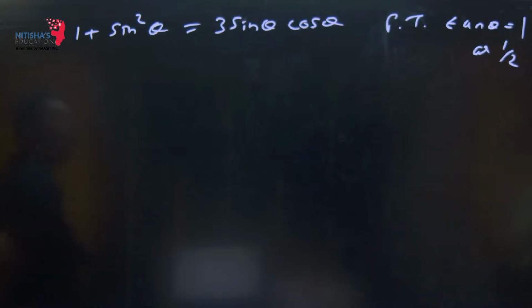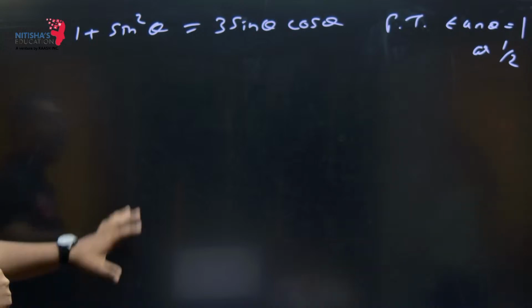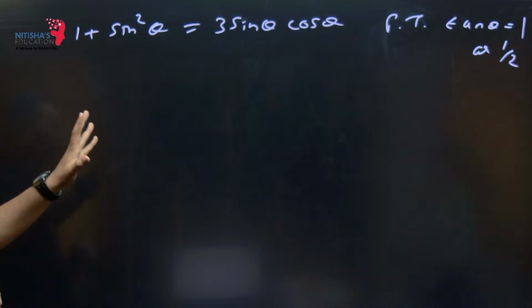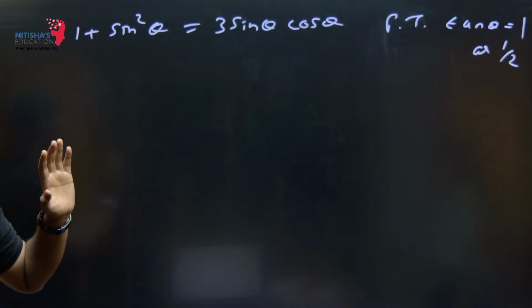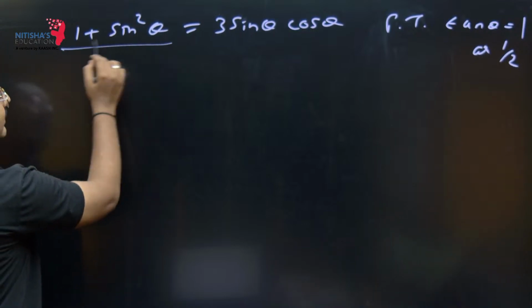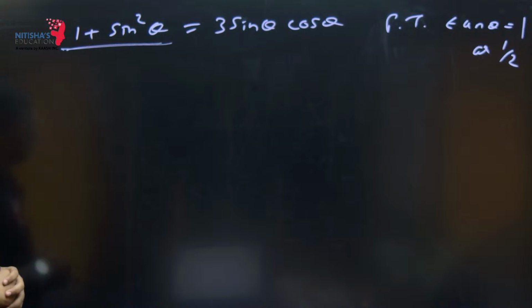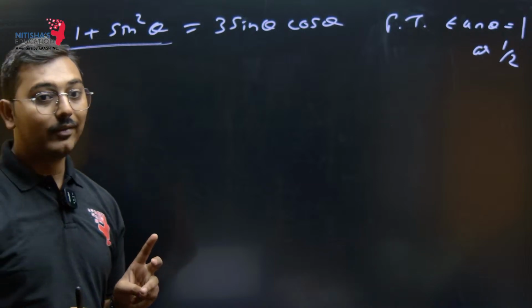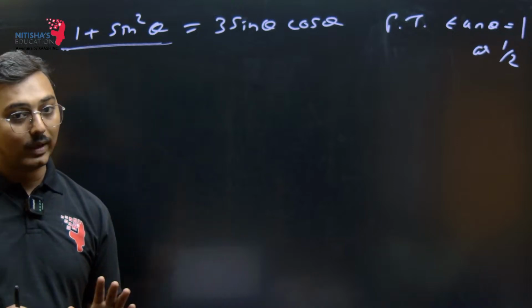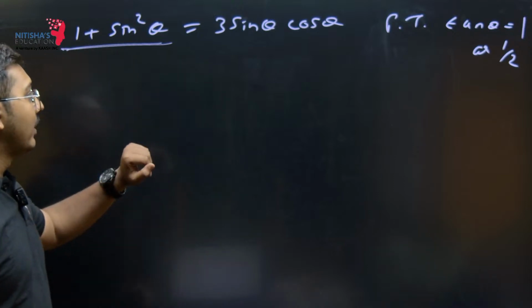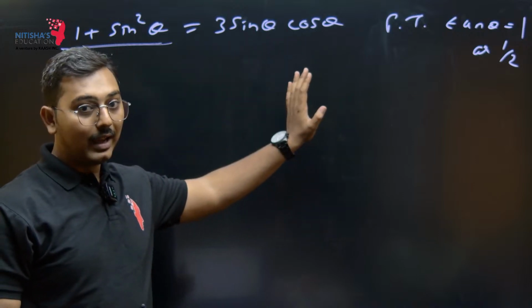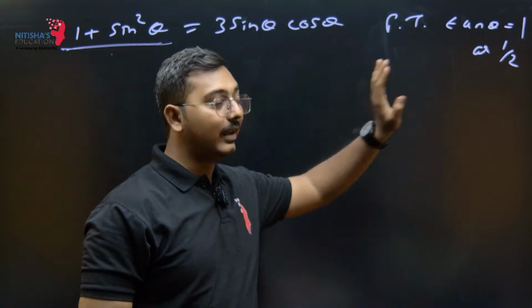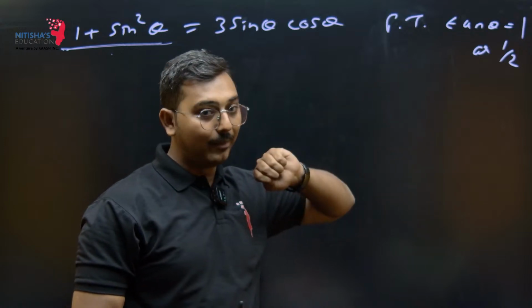If the question and the given information are correct, then solve it. See, what is provided to you? 1 plus sin square theta. We know the formula sin square theta plus cos square theta is equal to 1, we will use that here. LHS is equal to RHS is provided, and we have to find the value of tan theta and whether it is 1 or 1 by 2.